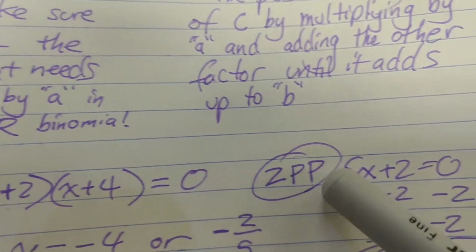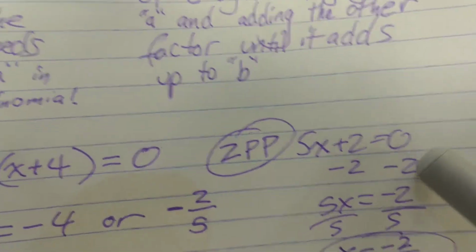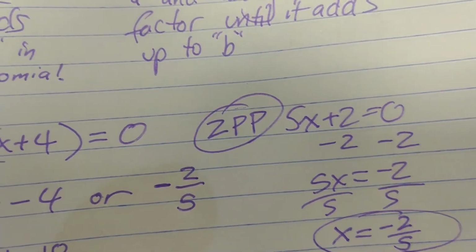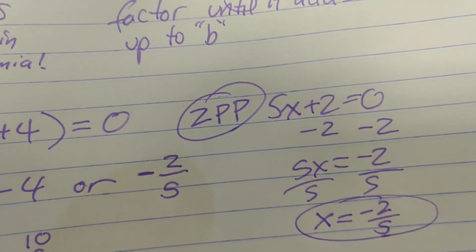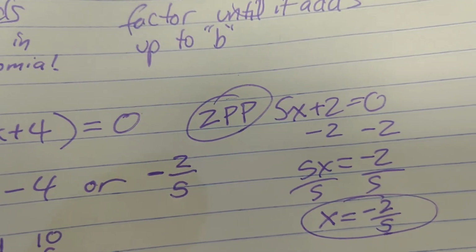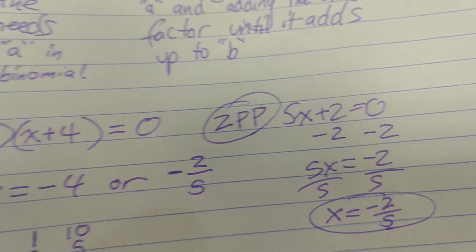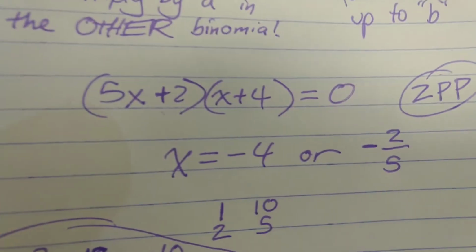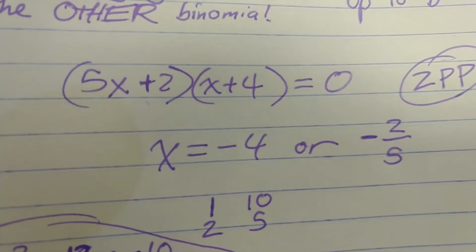So if we set up the 5x plus 2 equals 0 and solve for x, x is -2/5. That's our answer now. That's one of our roots. That's one of our solutions to a quadratic equation. We can now do any fraction with this by setting up the binomials with coefficients in them.